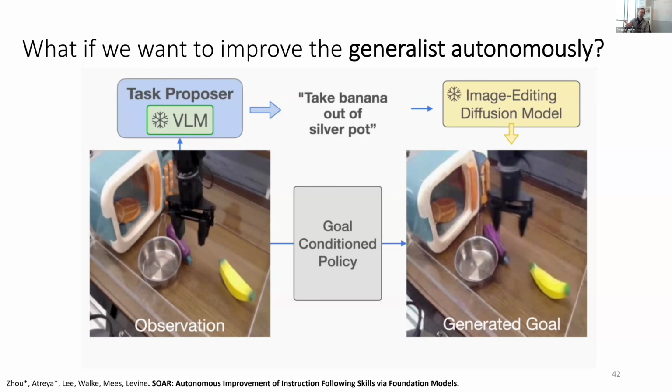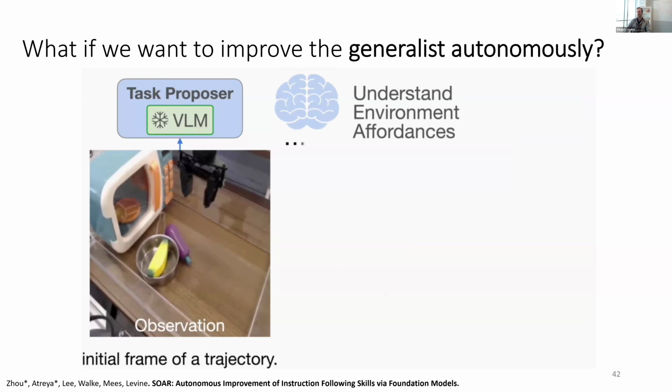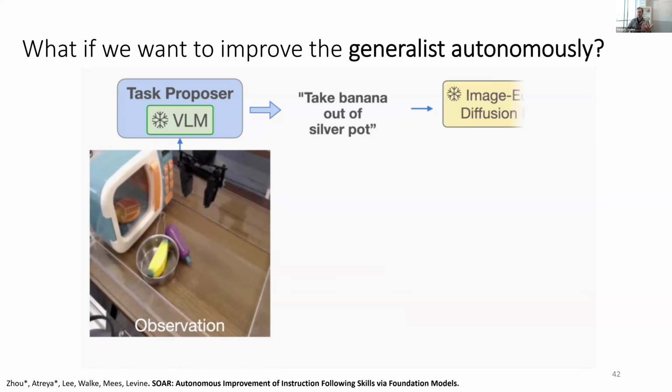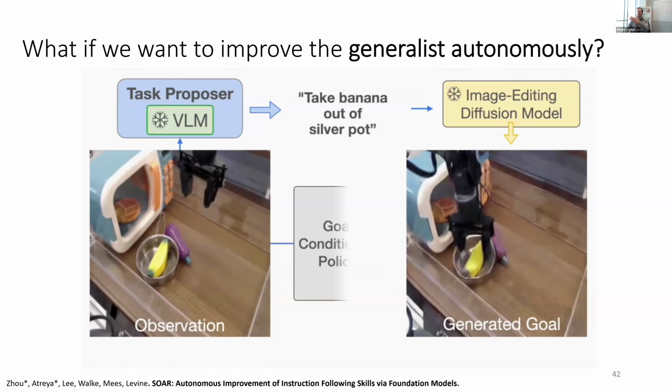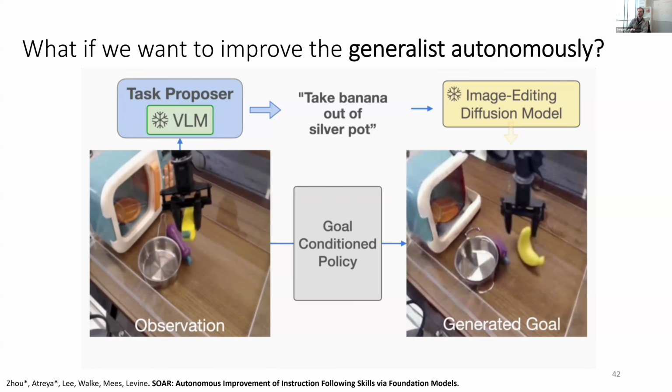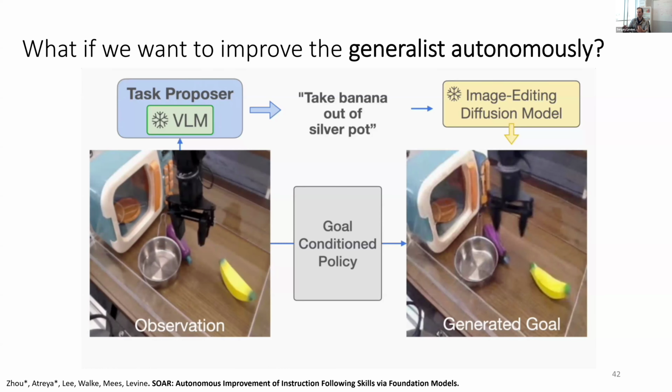So this is a fully unsupervised method where the robot essentially plays with the environment. A VLM looks at it and says, what could I do in this setting? Maybe what I can do is take the banana out of the silver pot. An image editing model, a diffusion model, then generates a hypothetical picture of a sub-goal that the robot could take, and then the robot attempts to do that task.